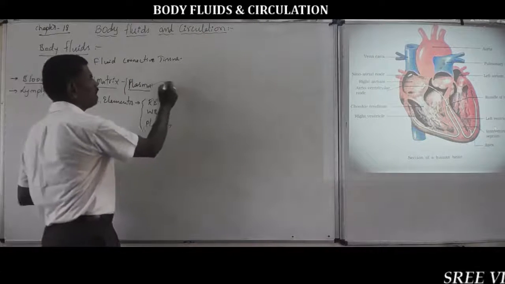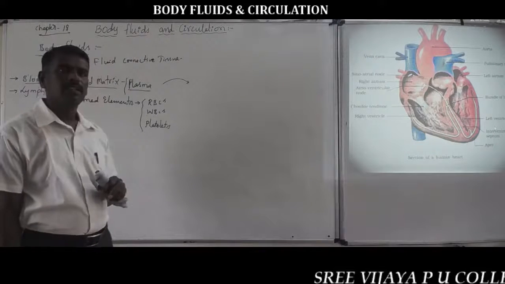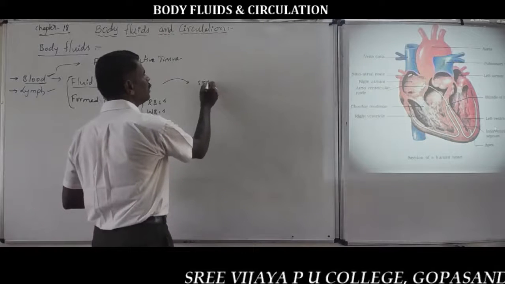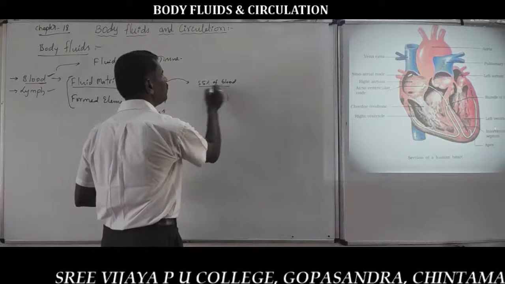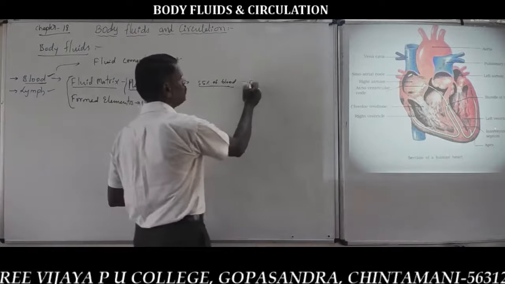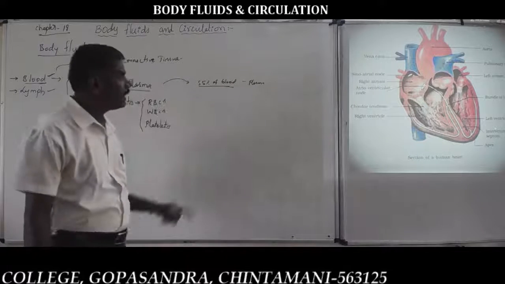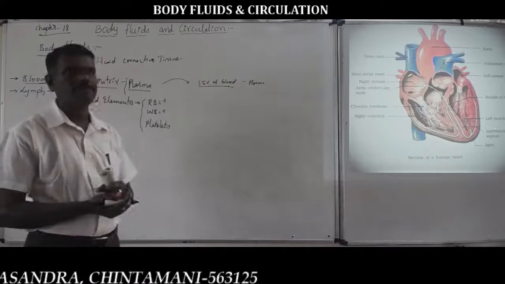So what is plasma? As we know, 55% of blood consists of plasma.